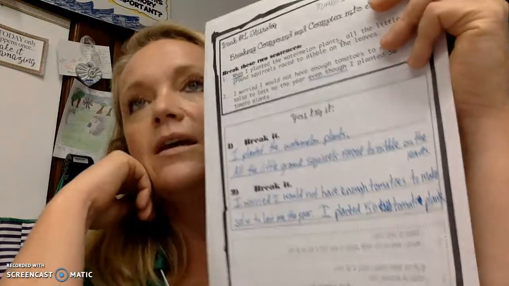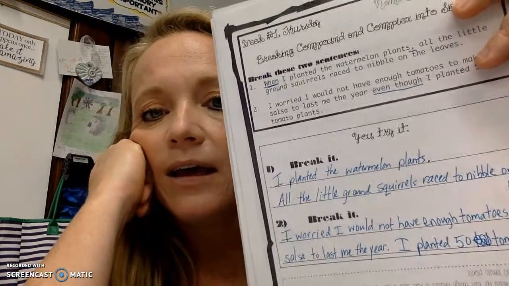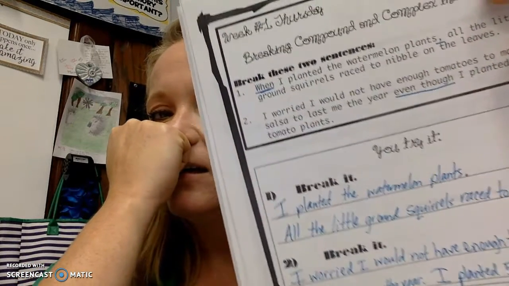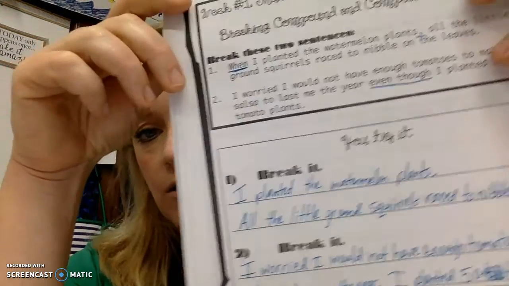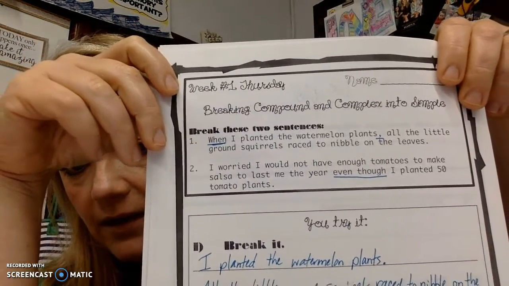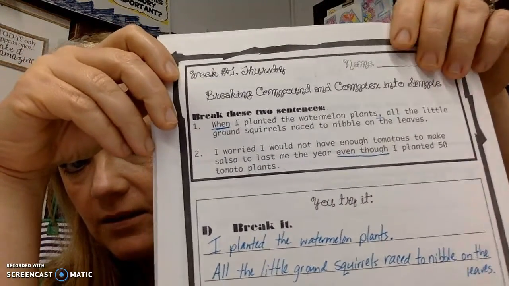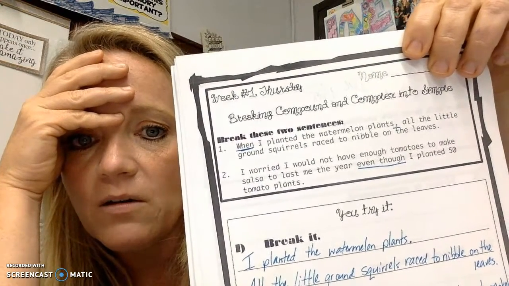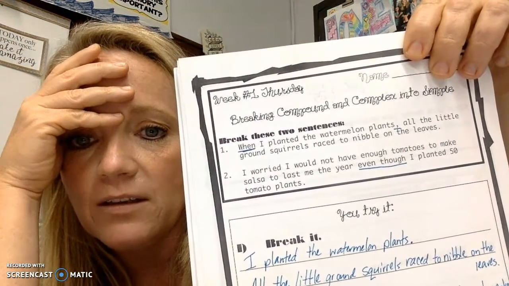In class today, here's one. In class today, we did Thursday. And today we did, let's see, we had 2 complex sentences, and we broke them down into simple sentences. So number 1 says, when I planted the watermelon plants, all the little ground squirrels raced to nibble on the leaves.